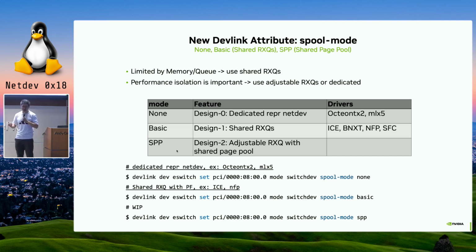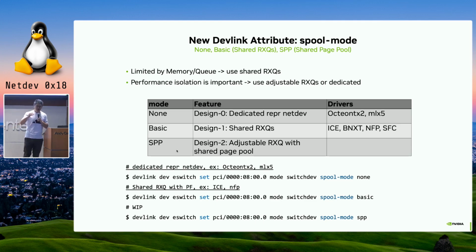It's very efficient, since you use only one queue or a couple of queues. If performance isolation is very important and they don't want to have the fairness issue, then you can use the dedicated case, design 0, or use the adjustable RxQ, design number 2 or number 3.